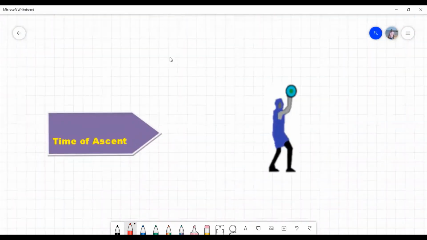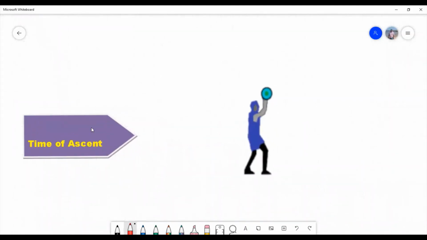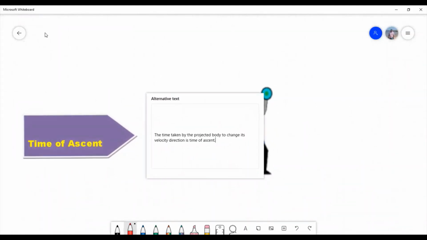Now let's discuss what is time of ascent. Let's see the definition of time of ascent. Very simple. The time taken by the projected body to change its velocity direction is the time of ascent. Otherwise, simply we can say it is the time taken by the vertically projected body to reach the highest point.